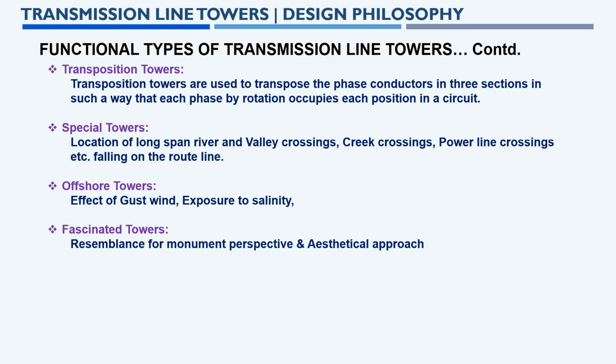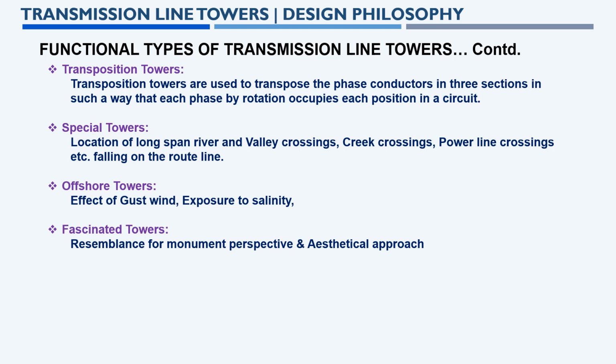And special towers. These are used at locations of long span river and valley crossings, creek crossings, power line crossings, etc. falling on the route line. Whenever there is a huge crossing, say for example in the range of more than kilometers, special towers are to be designed there.